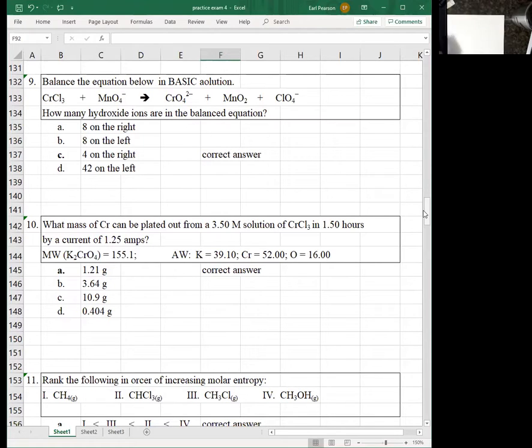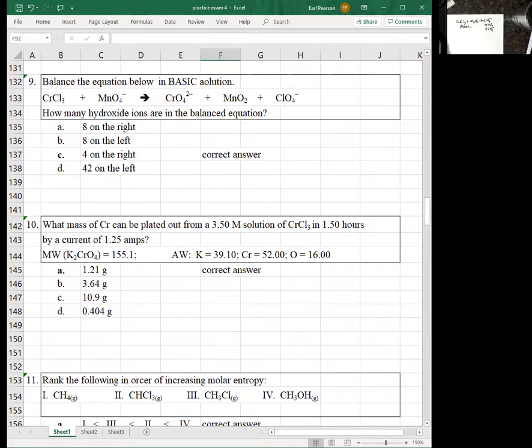So I'll copy the equation now, and it's CrCl3, reacting that with MnO4 minus, permanganate, and we're going to make CrO4 2 minus, chromate, and MnO2 and ClO4 minus. Okay, and we're going to do it in base.